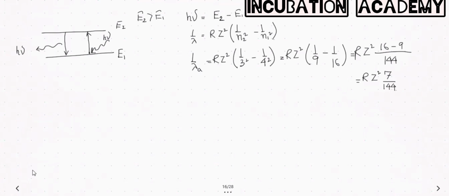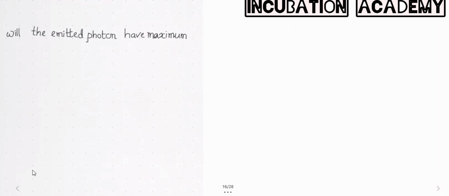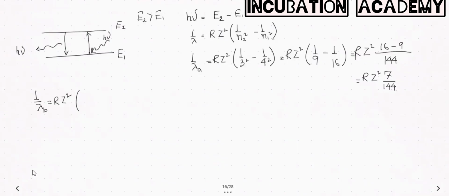Next is 1 by lambda B, Rydberg constant, Z square, and it is from n equal to 3 to n equal to 2. So it becomes 1 by 2 square minus 1 by 3 square.